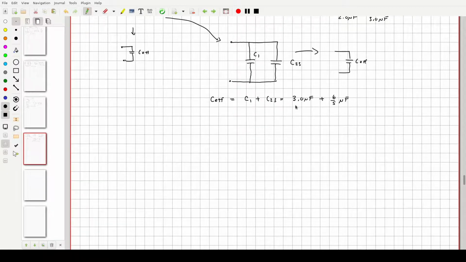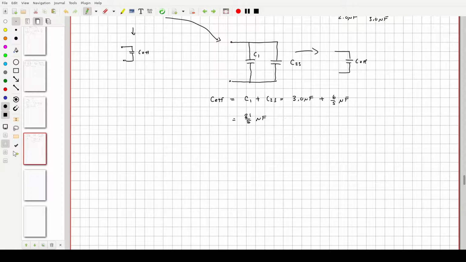In fact, I think that's what I'm going to do. Common denominator would be 5. 3 times 5 is 15. 15 plus 6 is going to be 21. So that would be 21/5 microfarads. Or, if you were insistent on expressing this in decimal form, it's going to be something like 4.2, I think.